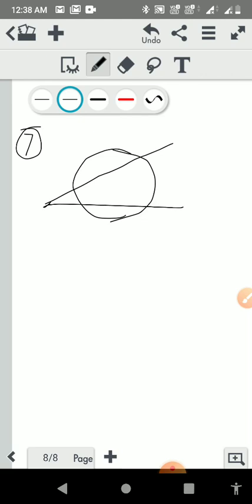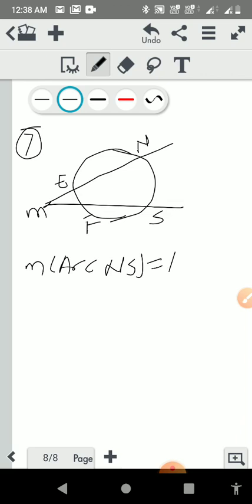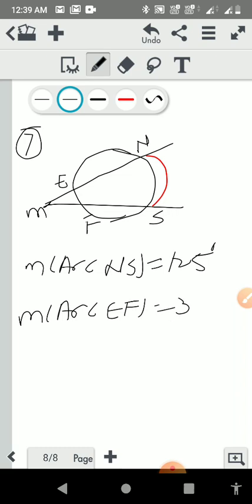This is your point M and this is your point N and S and this is your E and F. So in this problem, the measurement of arc NS is given as 125 degrees. I am discussing this arc. Similarly, the measurement of arc EF is also given, that is 37 degrees.